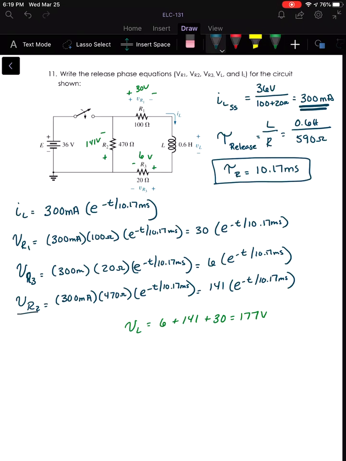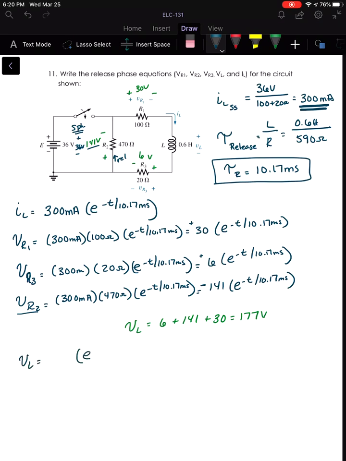So remember VR2, that was in the opposite direction. Remember, in the storage phase, we had 36 volts in this direction. In the release phase, we have 141 volts drop in the opposite direction. So I'm going to use a negative sign to denote that's in the opposite direction. The 30 and the 6 for VR1 and VR3 are exactly the same direction.